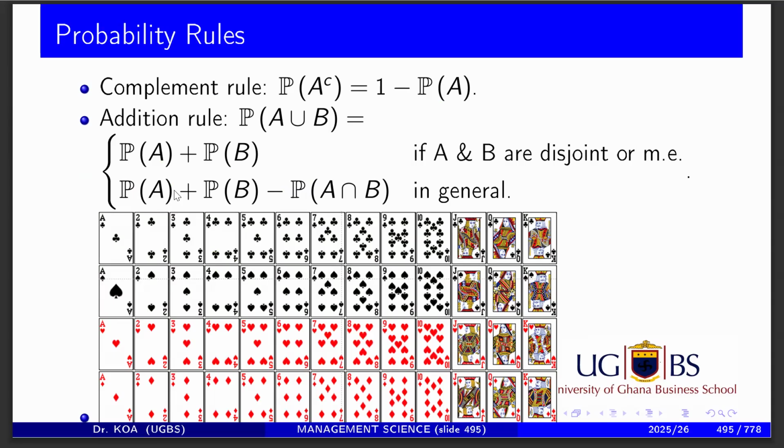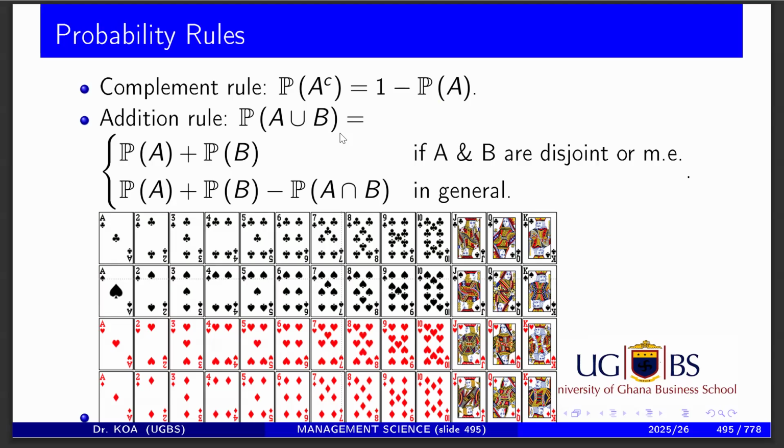The probability of A union B, but then minus the intersection, is the additive rule: probability of A plus probability of B minus probability of A intersection B. This is what we generally know, provided that they are joint events. If they are joint events, then you have to take out the joint, which is the intersection. We're going to apply all of this to what we're about to do right now.